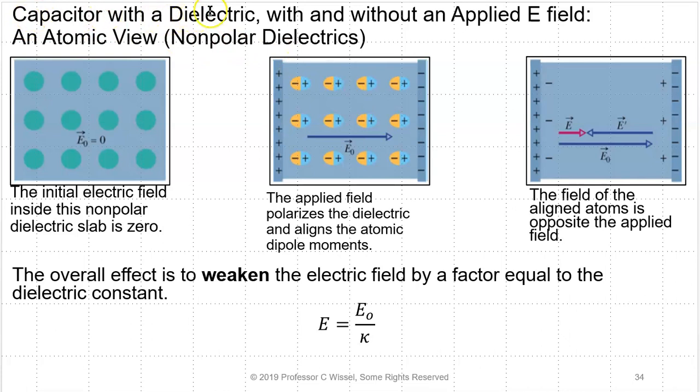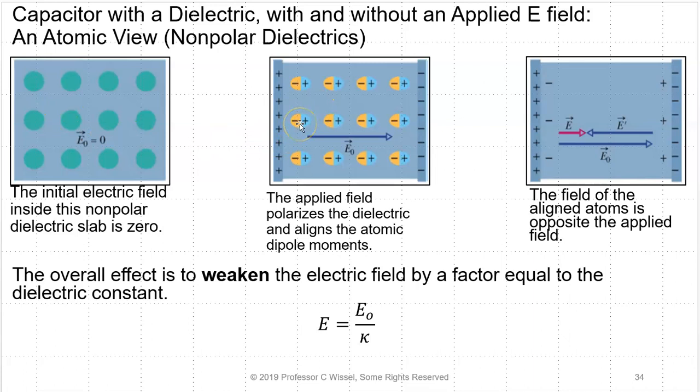Now here's a capacitor with a dielectric with and without an applied electric field. This is the atomic view for non-polar dielectrics, those that do not have a permanent dipole moment. So here's the initial condition. There's no electric field outside here, and the little atoms in here are all perfectly symmetrical. The positive nuclei are centered inside their little electron clouds.